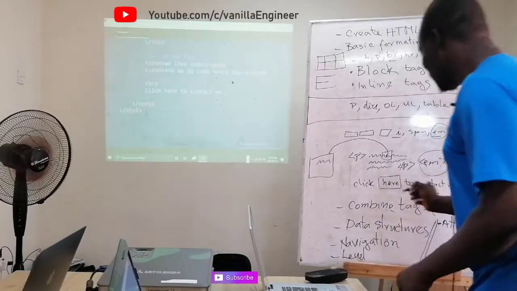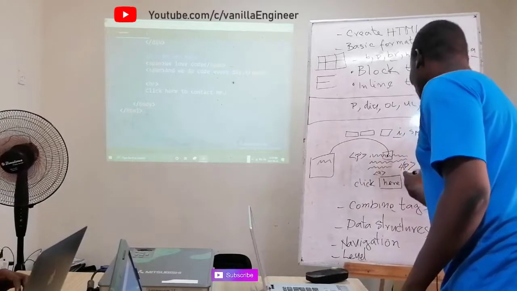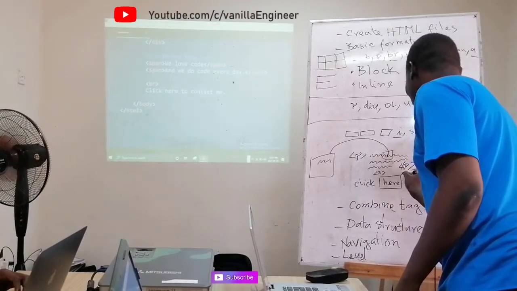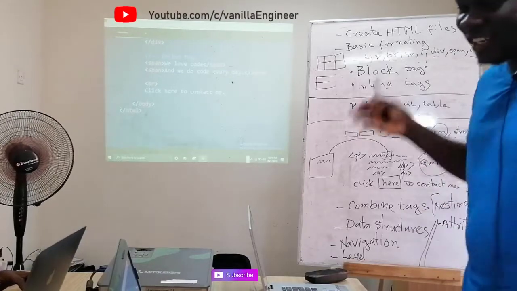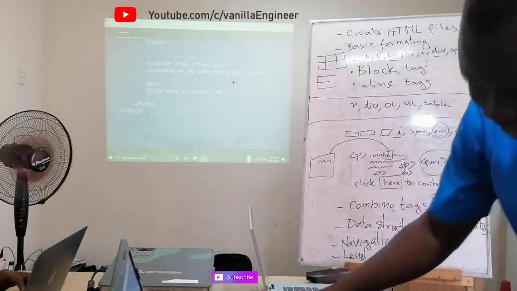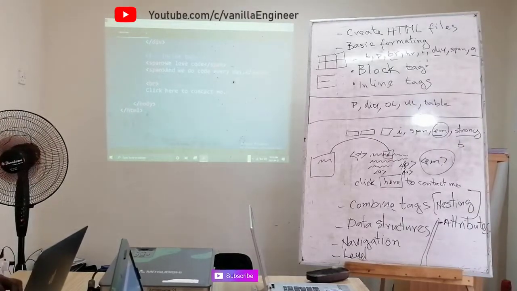So what we are going to do is add an A tag here and close that A tag, so we surround the word here with the A tag. So let's do that and see what we get.